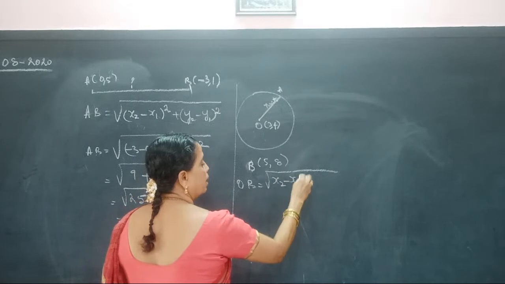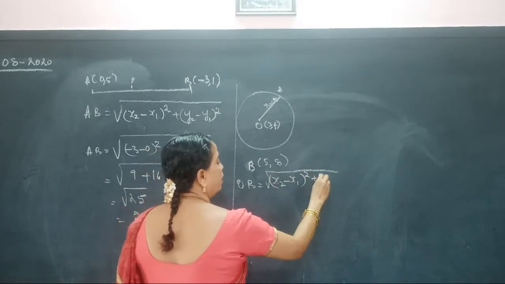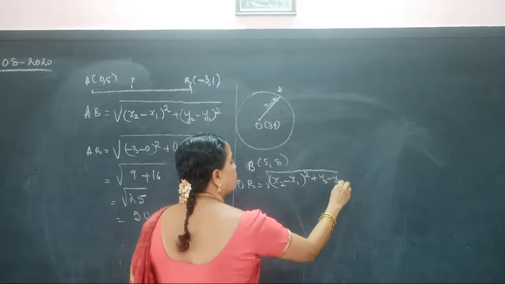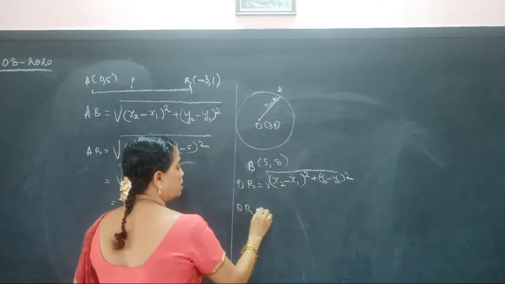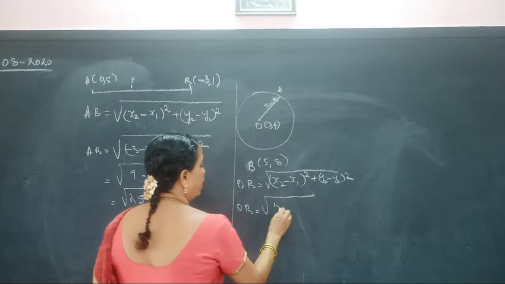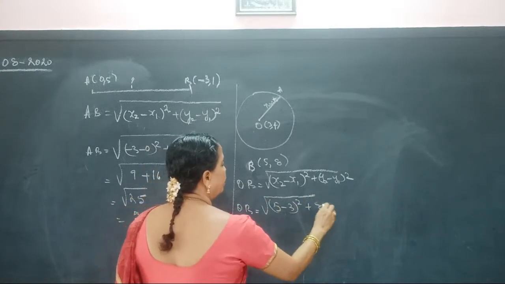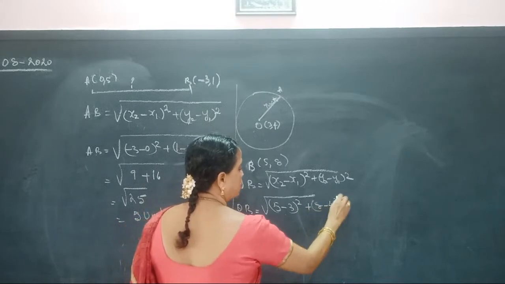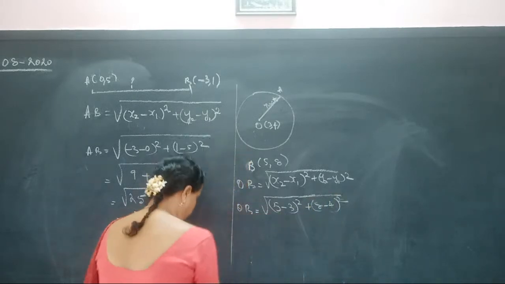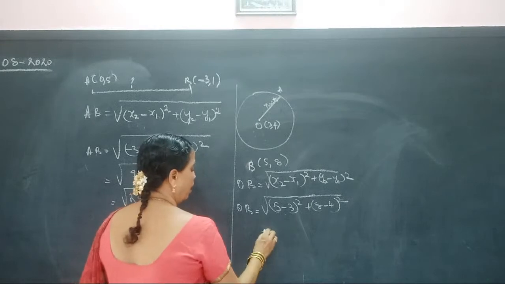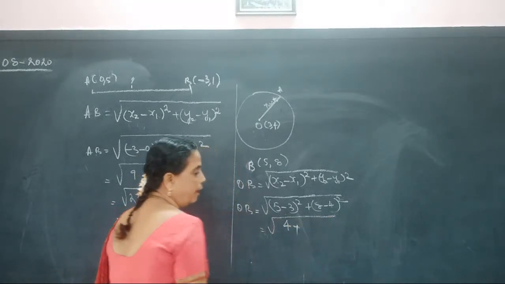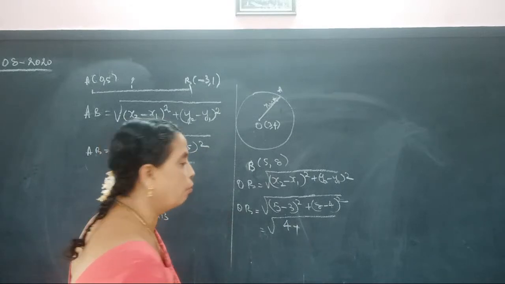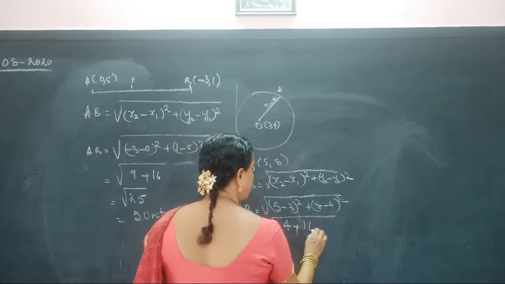OB equals root of (5 − 3) whole square plus (8 − 4) whole square. 5 minus 3 is 2, 2 square is 4, 8 minus 4 is 4, 4 square is 16.